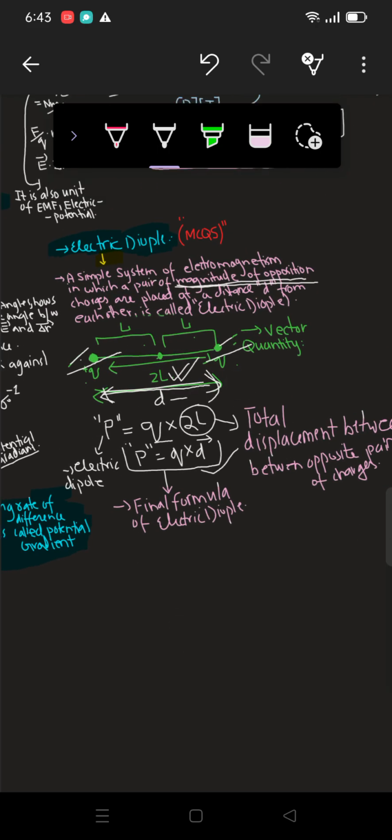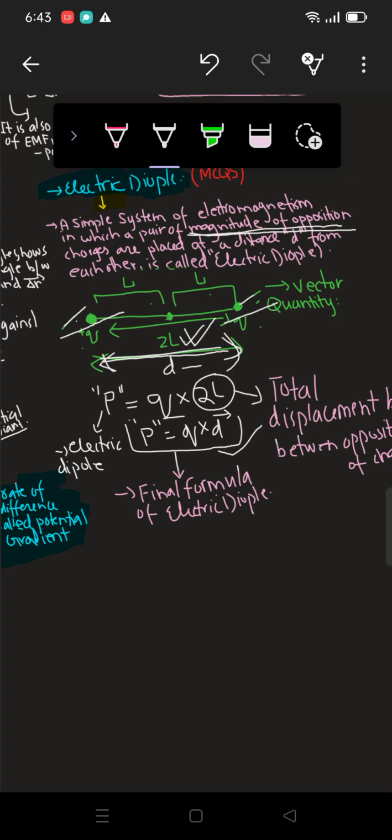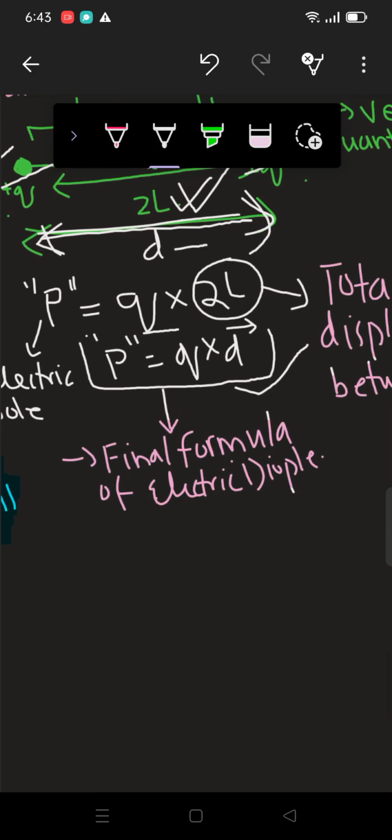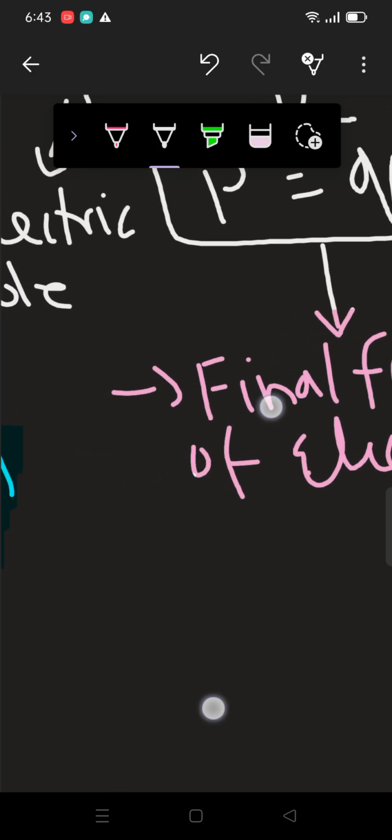Now let me tell you its unit, how we're going to derive the unit for it. But before deriving a unit, I want to tell you guys another definition of the electric dipole as well.